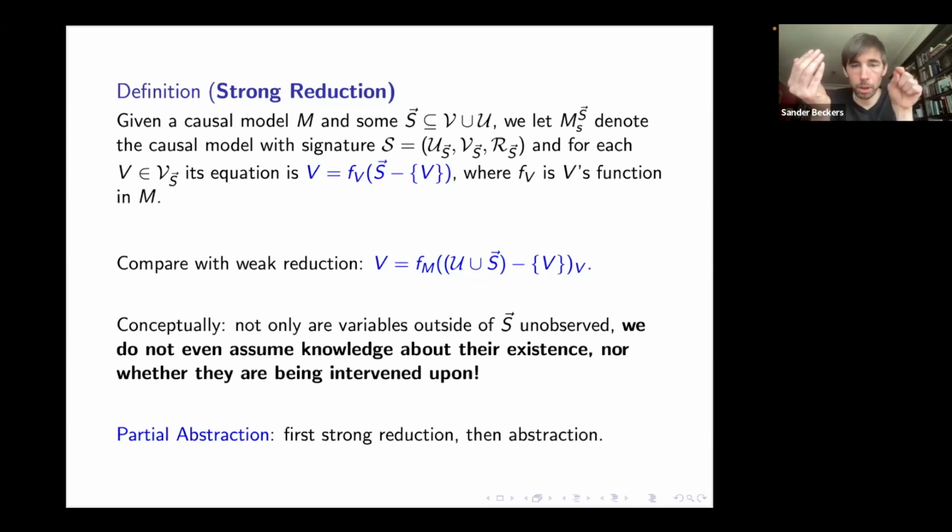This means that all the equations and all the functions for the variables that we've reduced away, they're gone. So they could be anything. And in fact, there could be multiple versions of one variable, and still all the statements that are true in the strong reduced model will hold as well in the original causal model, or at least stronger versions of those statements will hold. It's more determined statements.